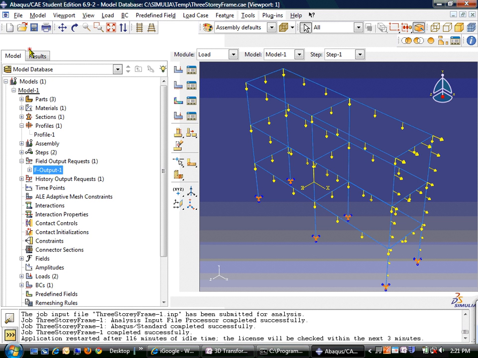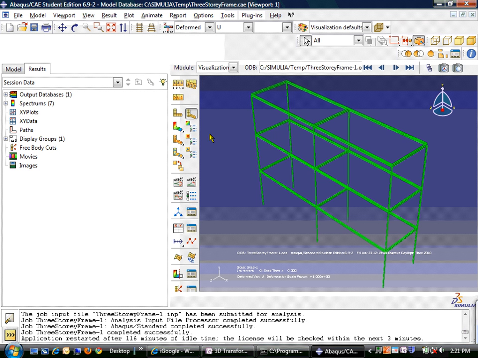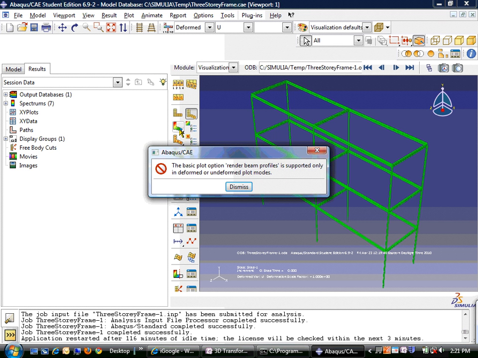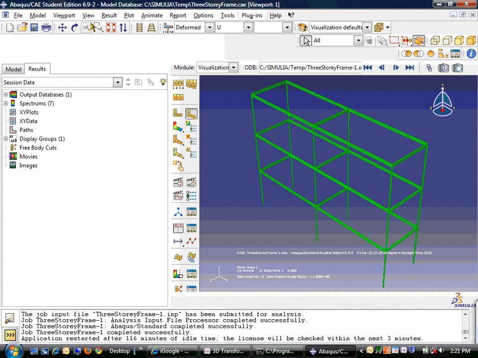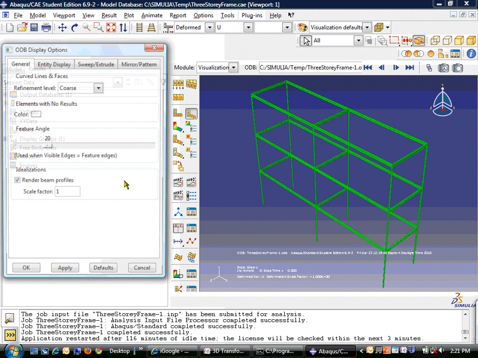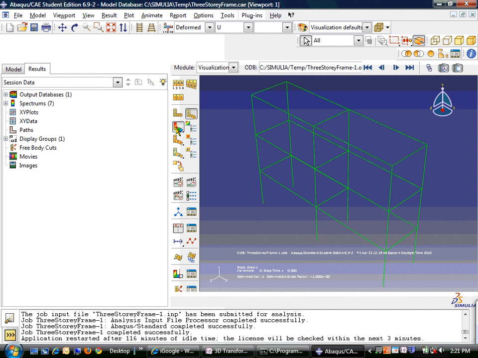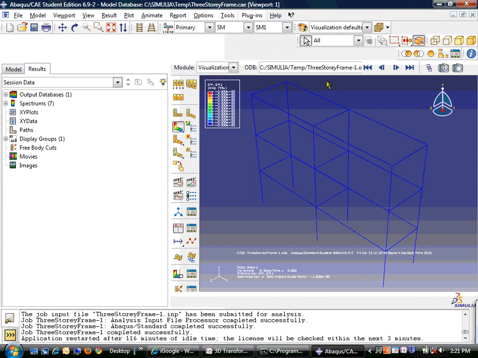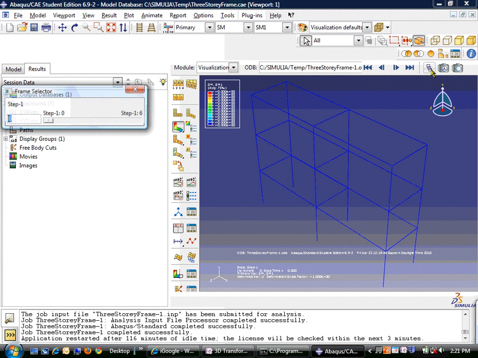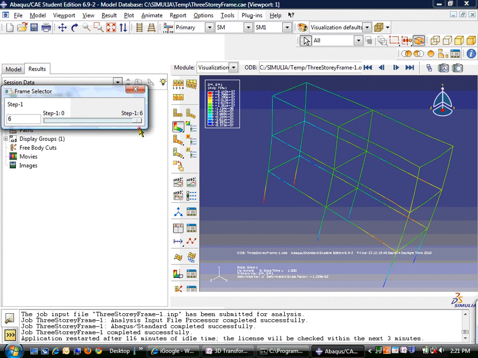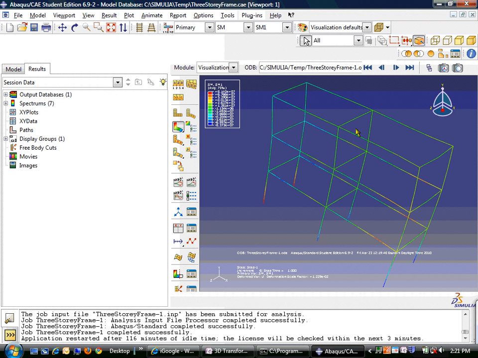And if you try to run and see what the results are, you can plot the deformed shape and all the stresses. And so the deformed shape is this. Right. So this is the deformed shape of the structure.